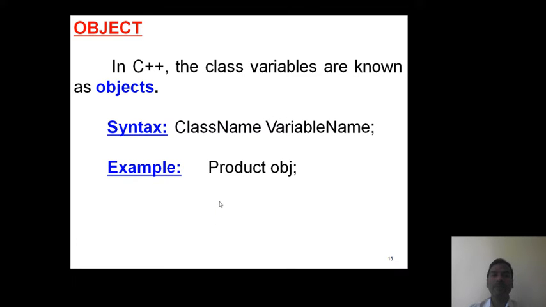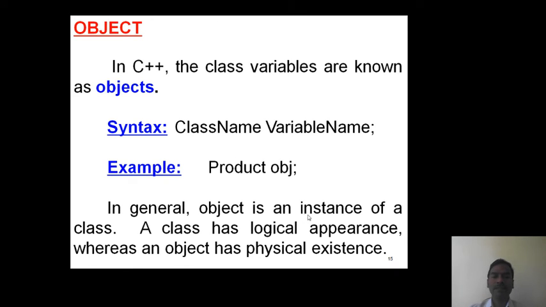For example, we just created a class product, so the name of the class is product. Here we define one variable, obj. Here obj is treated as an object for the class product. Listen: an object is an instance of the class. Hence, a class has a logical appearance whereas an object has a physical existence.